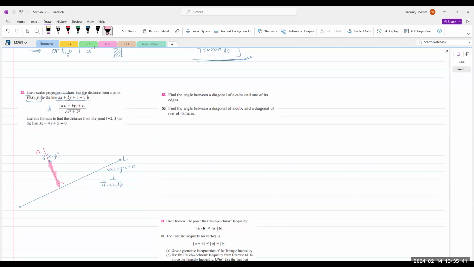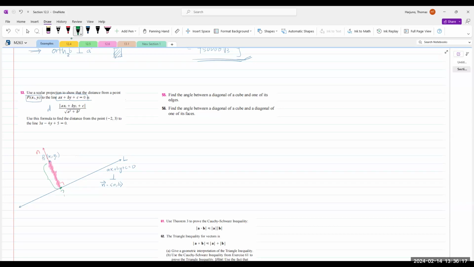What we can do is create one vector from line L to point P. Now the thing is, if we already knew the point right under P1 on line L, the projection of P1 on line L, then we could just find the distance using the distance formula, right? But the problem is we don't have that coordinate.